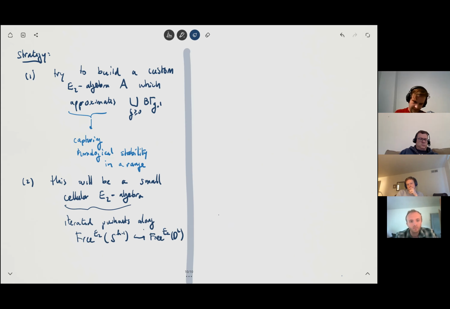Now, there's two things you need to know. You need to know how many of these cells you need to get a good approximation. Let's call them E2 cells.